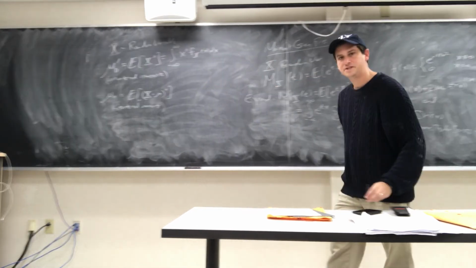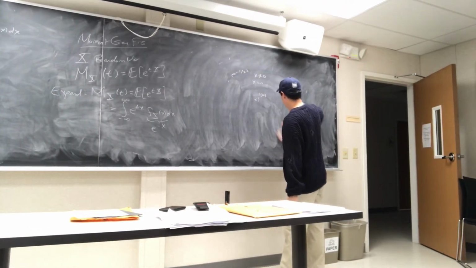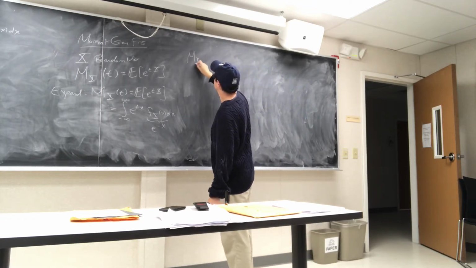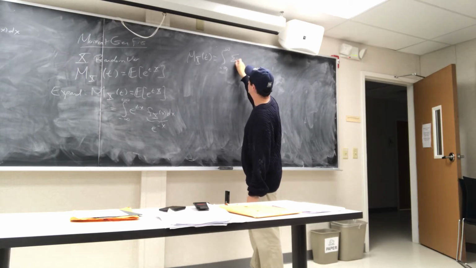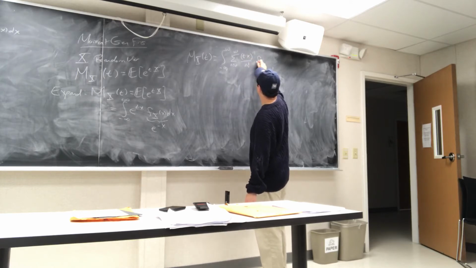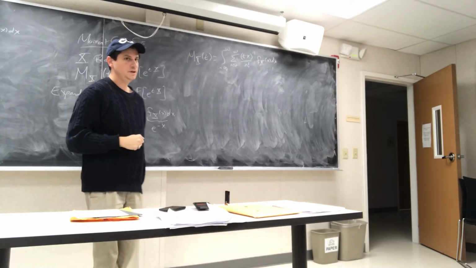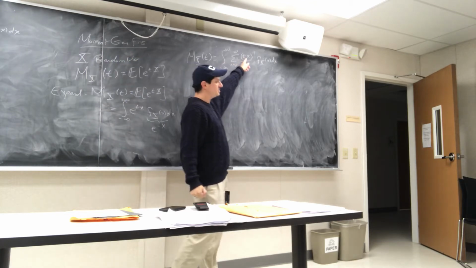All right, so let's expand this out. How should I write e to the tx? I'm going to write this as the sum, n goes from 0 to infinity, of (tx)^n over n factorial, f_X(x) dx. Now I've got a t to the n, x to the n.